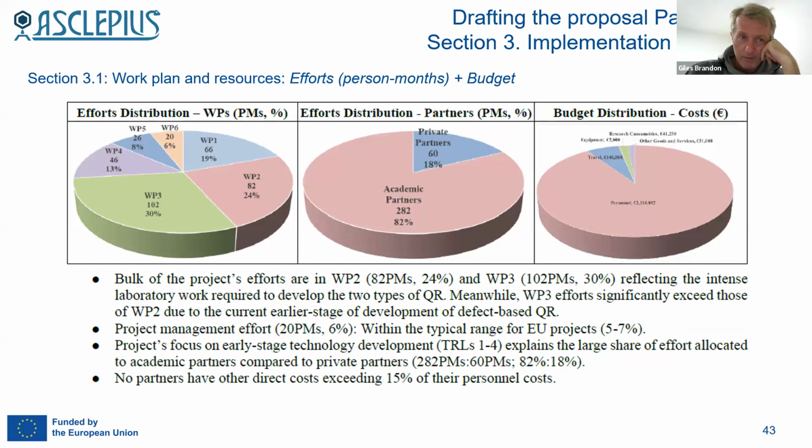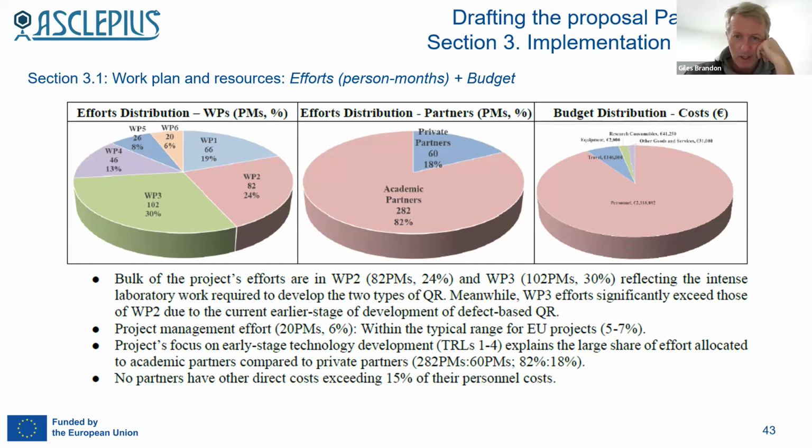Still on section 3.1, you're asked to say some words about the efforts. Efforts is the European Commission term for person months. You're asked to write some words about the efforts and about the budget to justify these resources a bit.